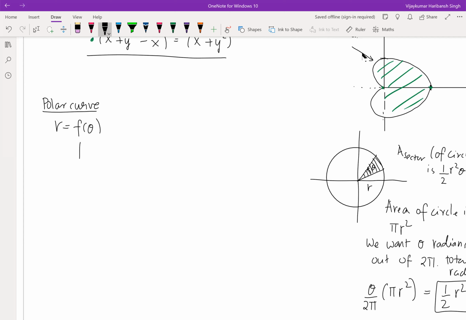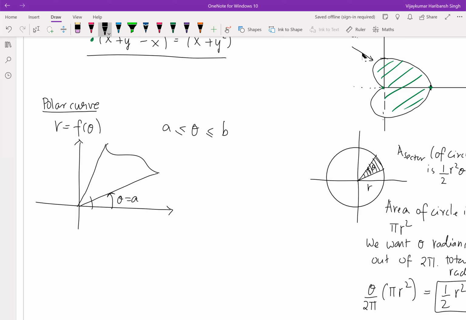We want the area, so suppose we have r = f(θ) where θ goes from angle A to B. You have a polar curve which looks like that, and then we have this angle θ = A, and this angle is θ = B. What we'll do is find this area here.